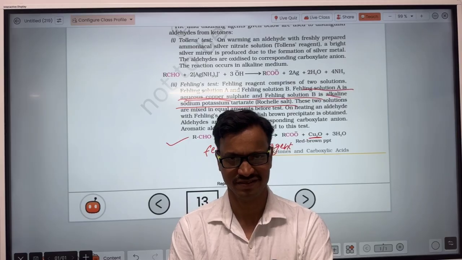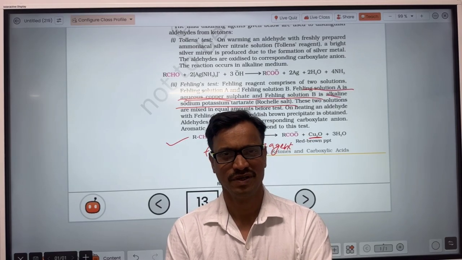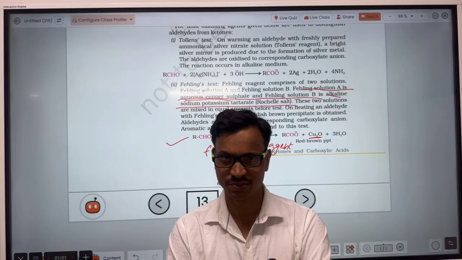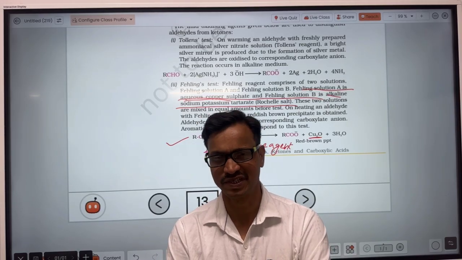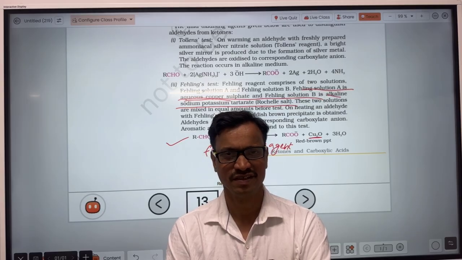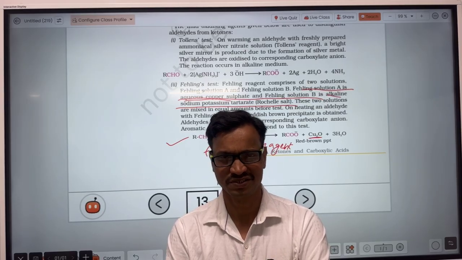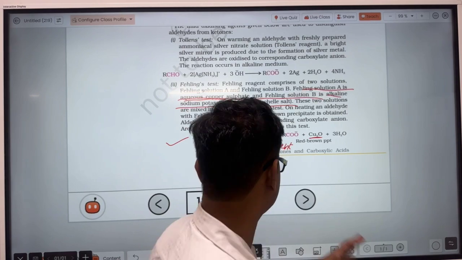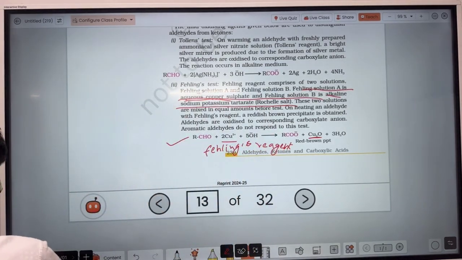But if there is no reaction, nothing will shine inside the vessel, so that will maybe be ketone. And if it has been predicted that the compound contains a carbonyl carbon, that means it is either aldehyde or ketone.